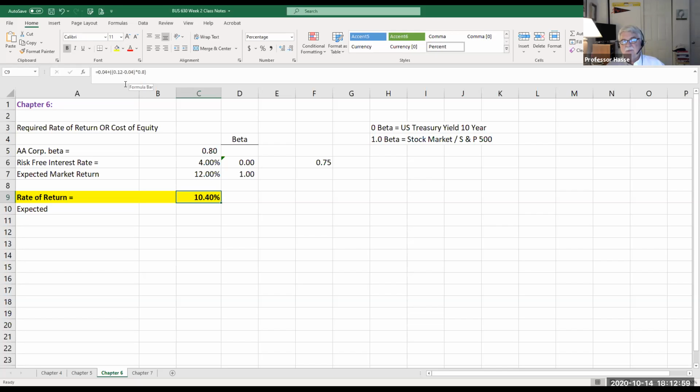And that market premium is multiplied by the risk of that particular company you're trying to determine the expected return, in this case, 0.8. So if I take 8% times 0.8, I get 6.4%. I add the 4% risk-free rate, I get 10.4%.